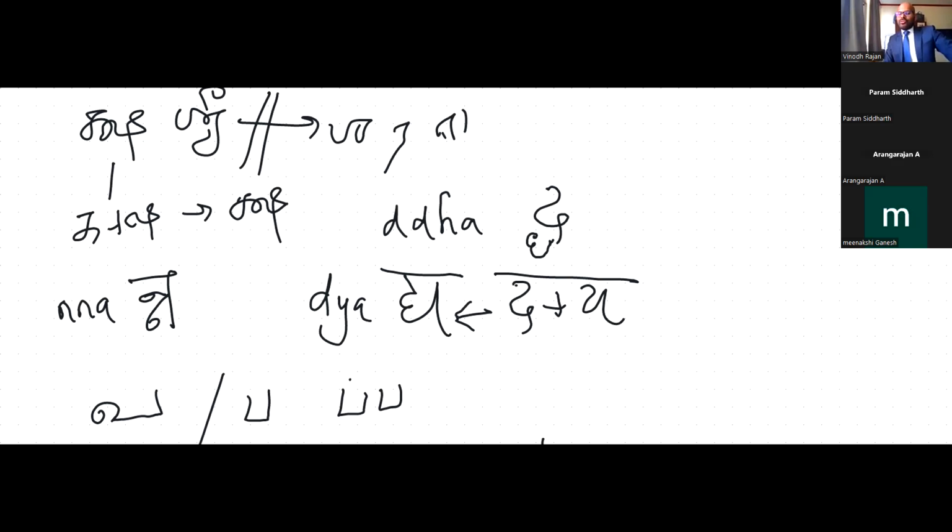So people have cursive forms instead of writing where you have to take the pen out and in. You can have one cursive form like this, same way for this, you have one cursive form, one cursive form.